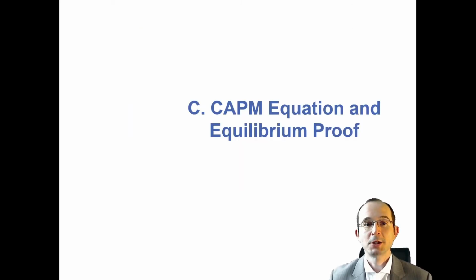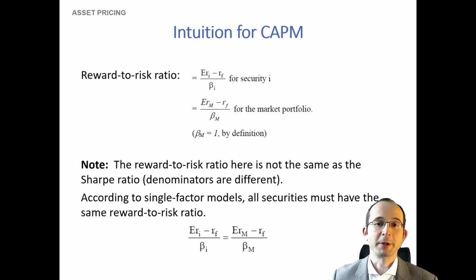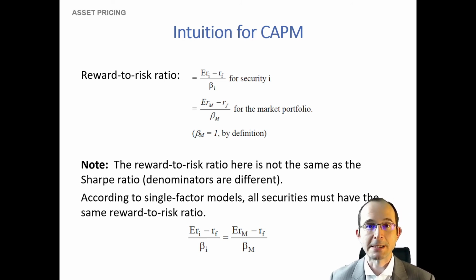So how do we actually go about creating the CAPM equation and furthermore proving that that's really the way that expected returns should relate to asset risk? Well, the intuition for the CAPM is very similar to the intuitive argument for why the single index model should obtain.